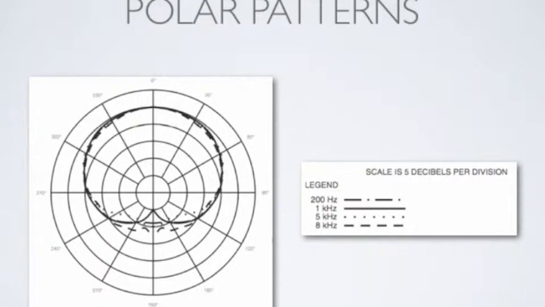From 0, the sensitivity drops more than 1 division, or more than 5 decibels, by the time it reaches 90 degrees. This means the side of that microphone is more than 5 decibels less sensitive than the front of the microphone. Note that minus 6 decibels is equal to half the microphone's volume, so sound from the side will be half the volume of sound from the front of the microphone.